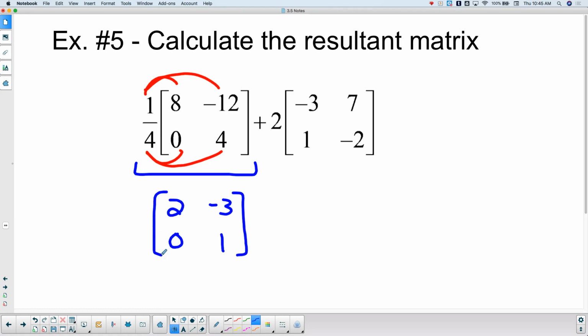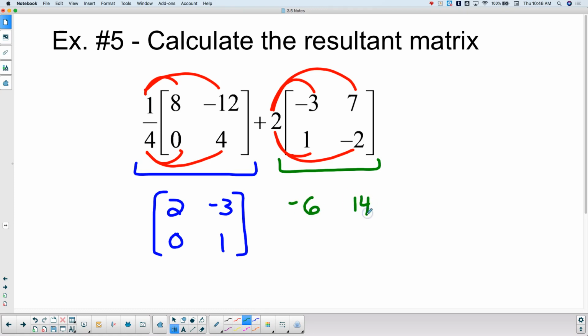Okay. Then on this one, I have to distribute in the 2. Oops, that should have been red. Red is my distributive color. So then that becomes negative 6, 14, 2, negative 4.